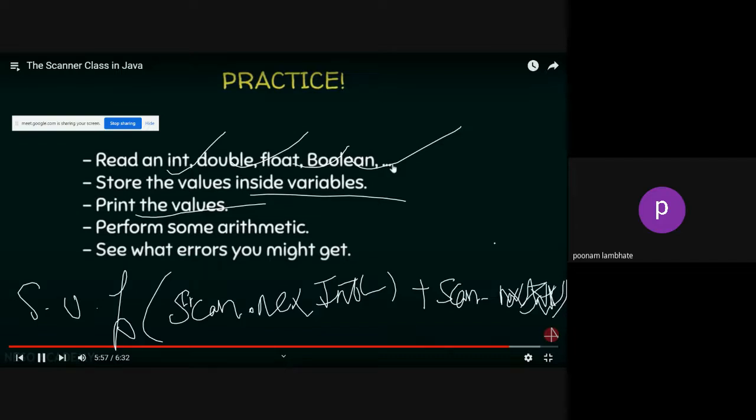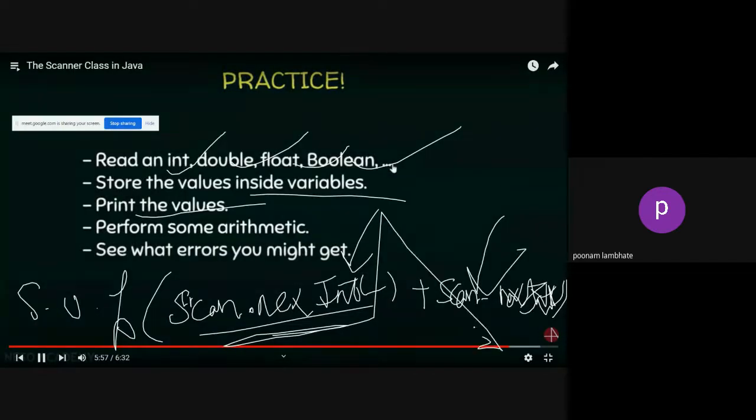What will happen? Two integers will get accepted by this. This will accept one integer, and this will also accept another integer. So both the integers will get added by this plus because they are integers, and the sum will get printed. Is it clear? This program also?